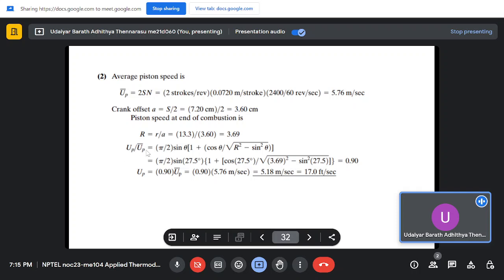Using the velocity relation, U_p divided by average piston speed equals pi by 2 sine theta times 1 plus cos theta divided by the square root of R squared minus sine squared theta. We know the crank angle at the end of combustion is 27.5 degrees. Substituting that, we find the piston speed at the end of combustion is 5.18 meters per second.